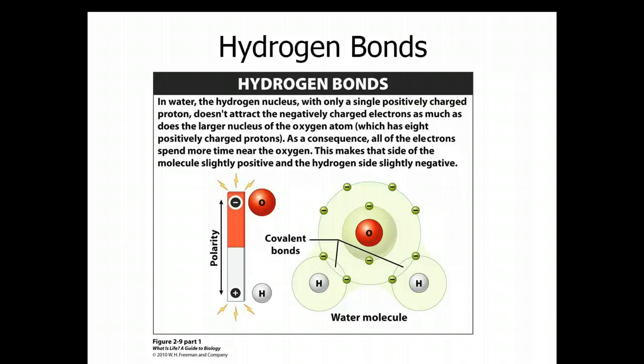As we proceed, hydrogen bonds in water. A hydrogen nucleus, with only a single positively charged proton, doesn't attract negatively charged electrons as much. So one way to look at this, the way these atoms share, we have a predominant negative charge, what I like to consider a bald head on the top of the oxygen.